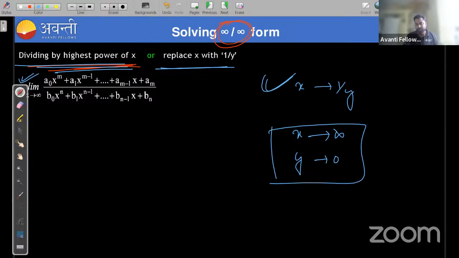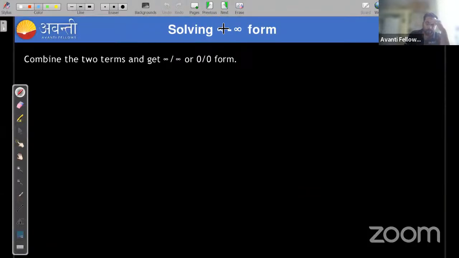Either you need to divide by the highest power of x or replace x by 1 by y, then the question will be solved. Second thing is, if the limit is in the form of infinity minus infinity, right? Then combine the two terms and get infinity by infinity or 0 by 0 form.